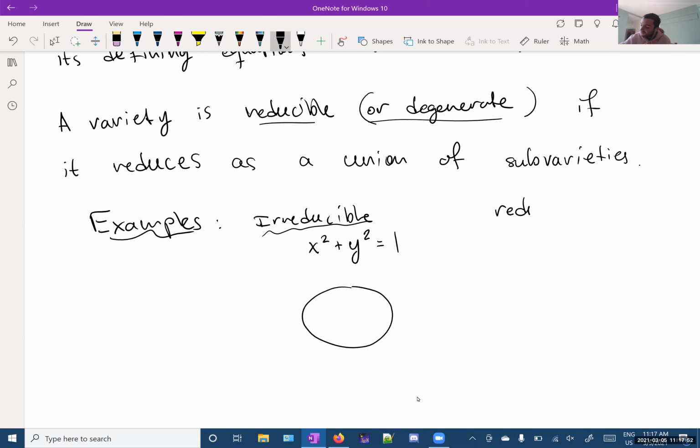Something which is reducible is, say, something like xy equals 0. So this is the union of these two lines, right? These are both what are called conics, plane conics.